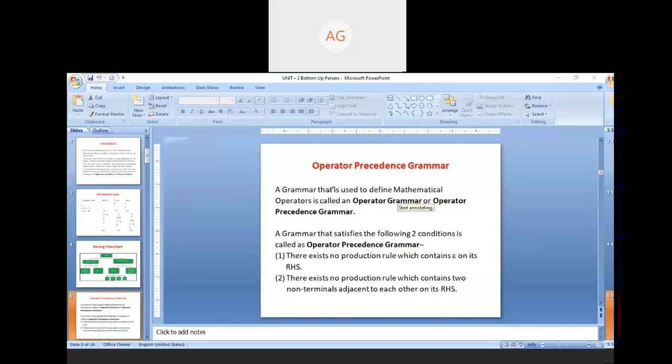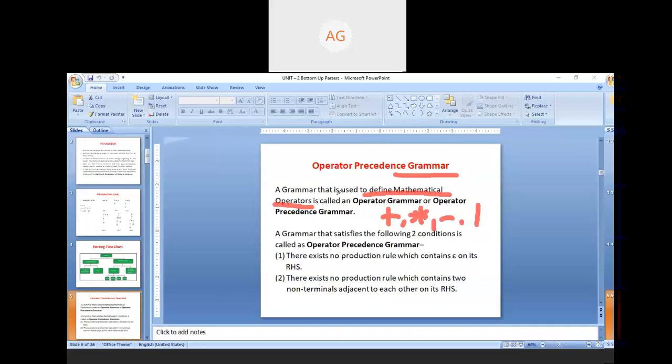As its name suggests, operator precedence parser. First we need to find out this parser is based on the operator precedence grammar. Basically, a grammar that is used to define mathematical operators. We know that the mathematical operators are plus, into, minus, divide, and other forms of the mathematical operators we have been using from our school days.